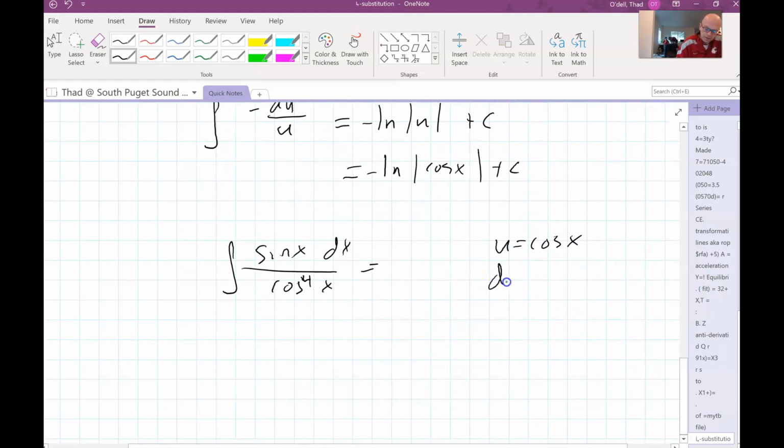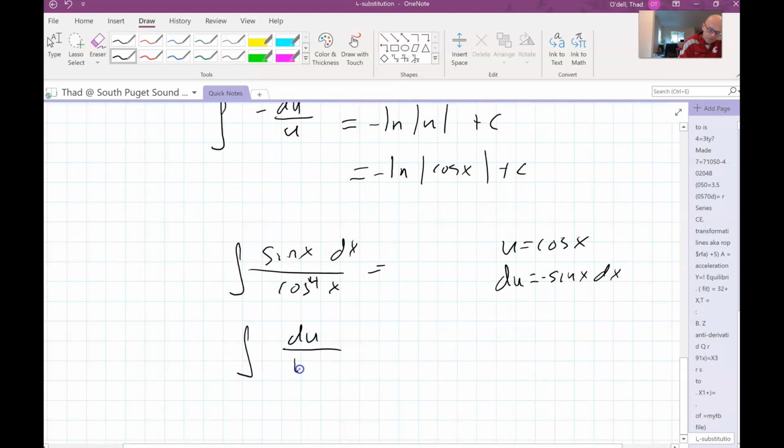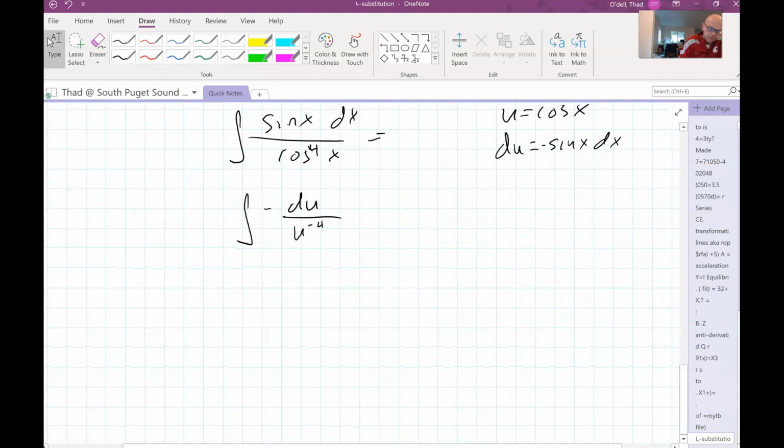That makes du equal to negative sine x dx. And I'm going to rewrite my integral as du over u to the 4th, but I have an extra negative, so I throw the negative in there. I was jumping ahead of myself.